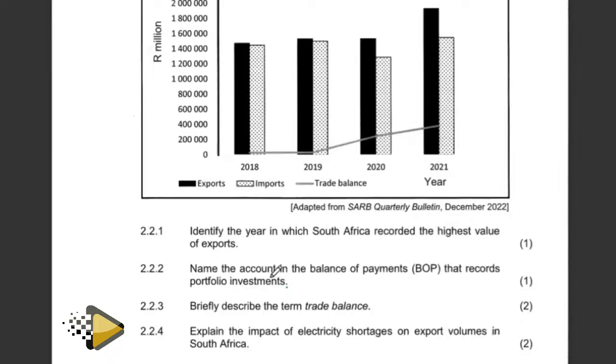Okay, right. So now, if you check here, you have to identify the year in which South Africa recorded the highest value of exports, and this is how we denote our exports. And this is the graph of the exports. So now, if we check here, the highest number of exports that we have is for 2021.